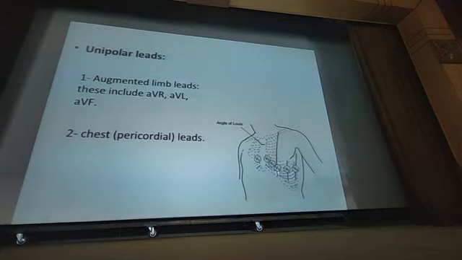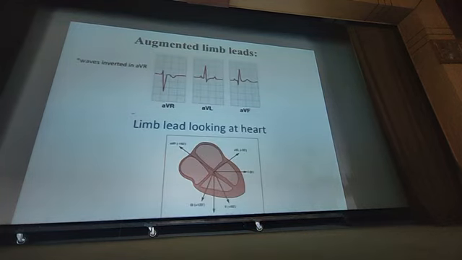Because it's on the apex of the heart, the fifth intercostal space at the mid-clavicular line. We put it here. That's why it's on the apex, and it creates very large waves.